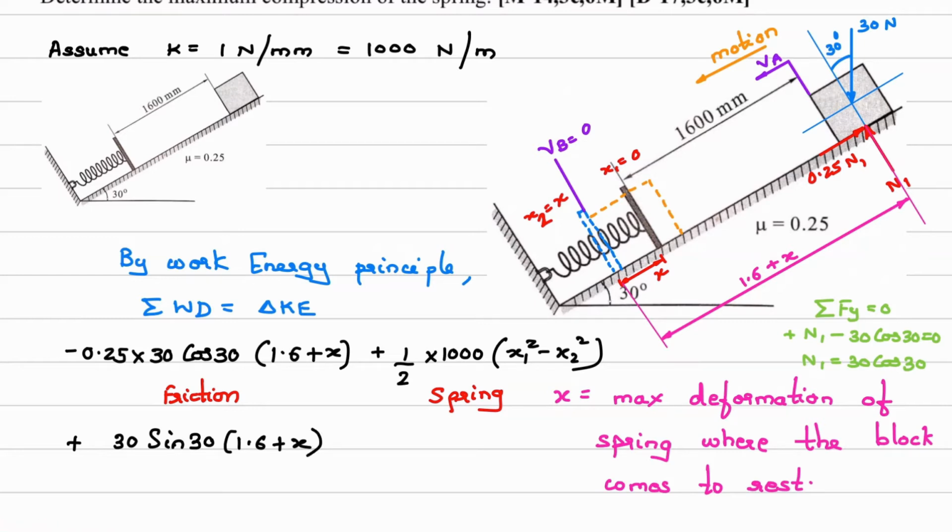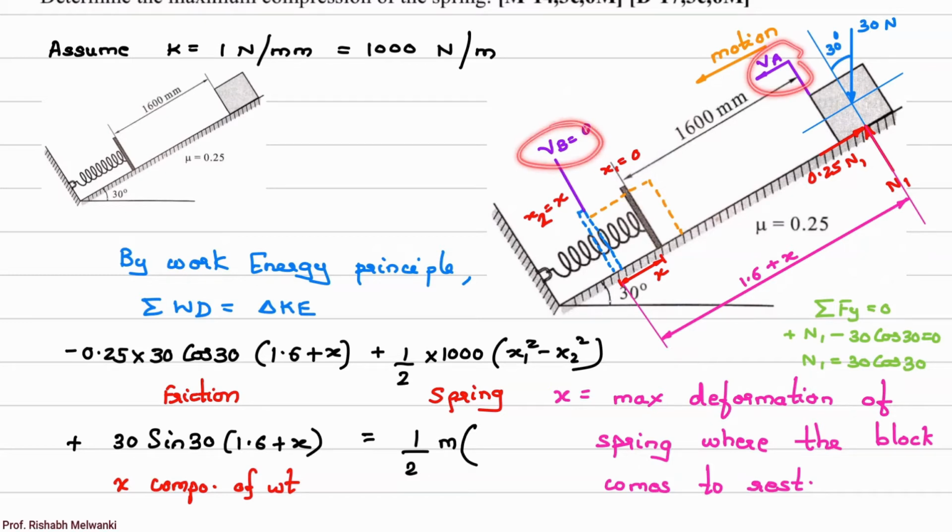So this is because of the x component of weight. This is equal to the change in kinetic energy, which is half m, final position B and initial position A, so VB square minus VA square.